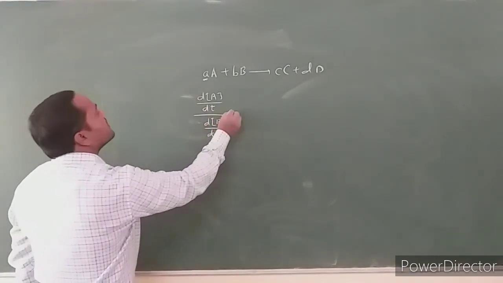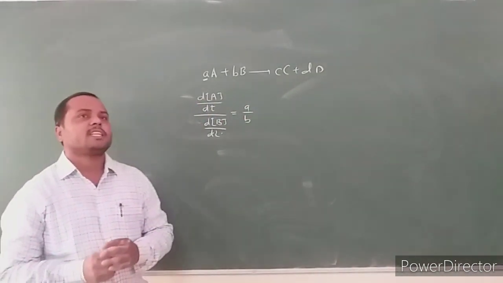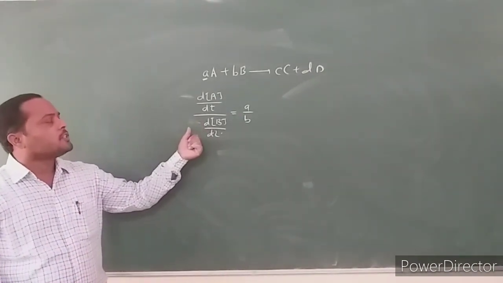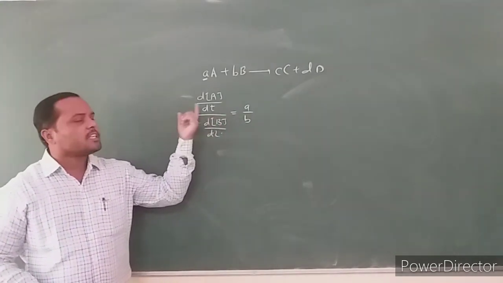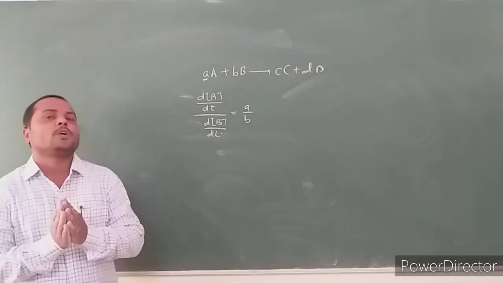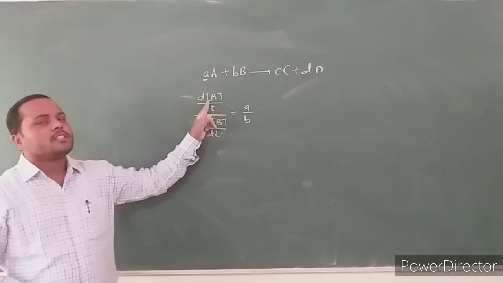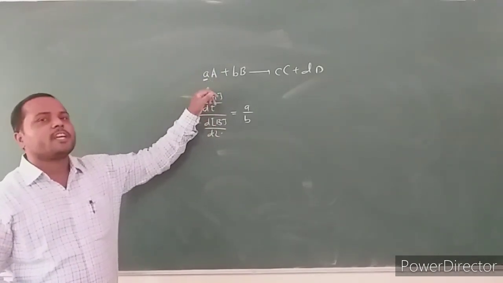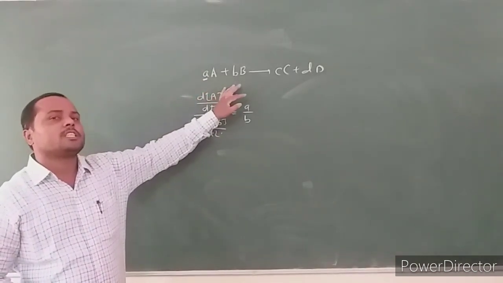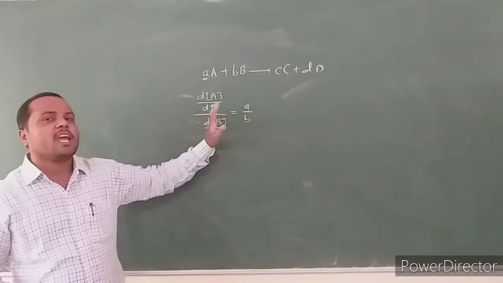The rates of consumption of reactants at time t are in the ratio of their coefficients: the rate of decrease in concentration with respect to reactant A and with respect to reactant B is equal to the ratio of coefficients a and b.